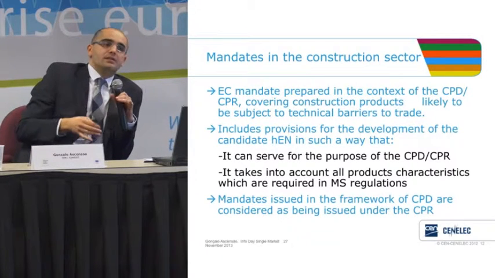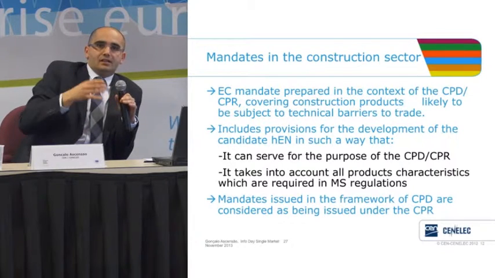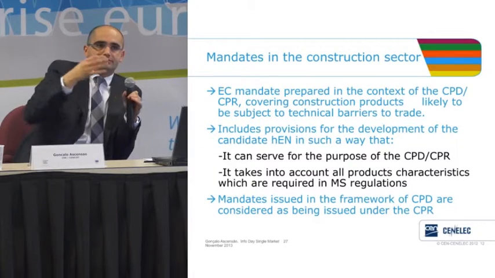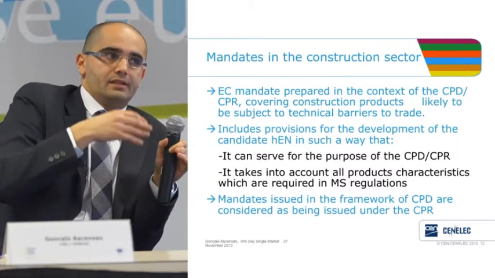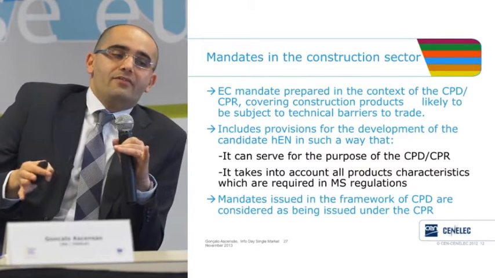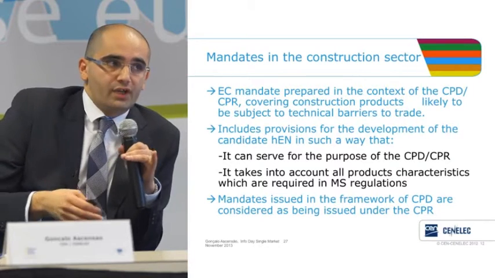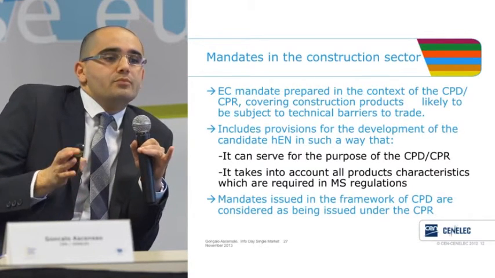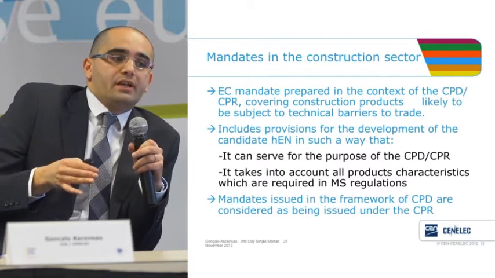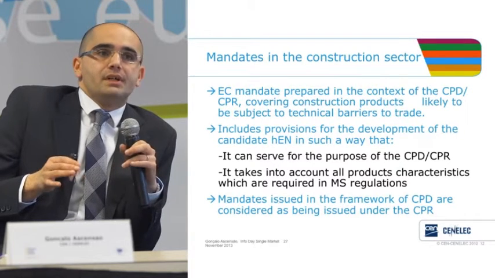In this mandate, there will be provisions that at the end the standards will serve the purpose of the Construction Products Directive in the past, and now the Construction Products Regulation. And a very important aspect that sometimes the member states are forgetting is that, in principle, we take into account all the characteristics that are legally required in each member state.